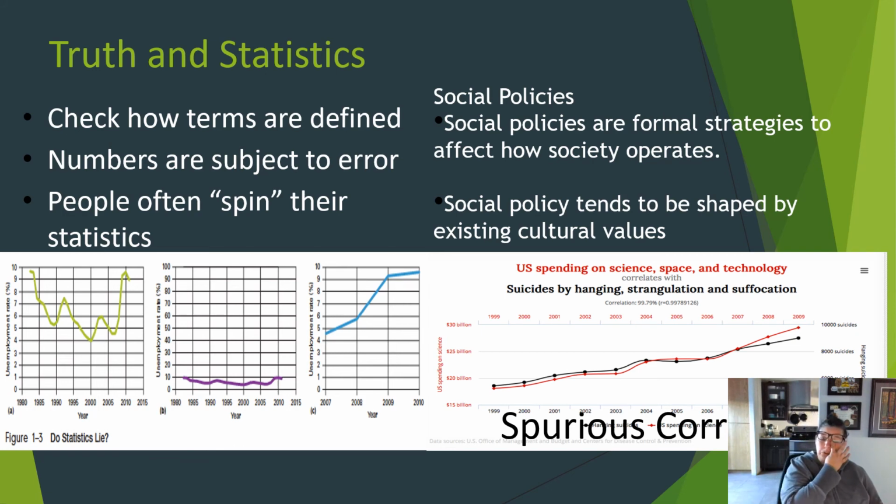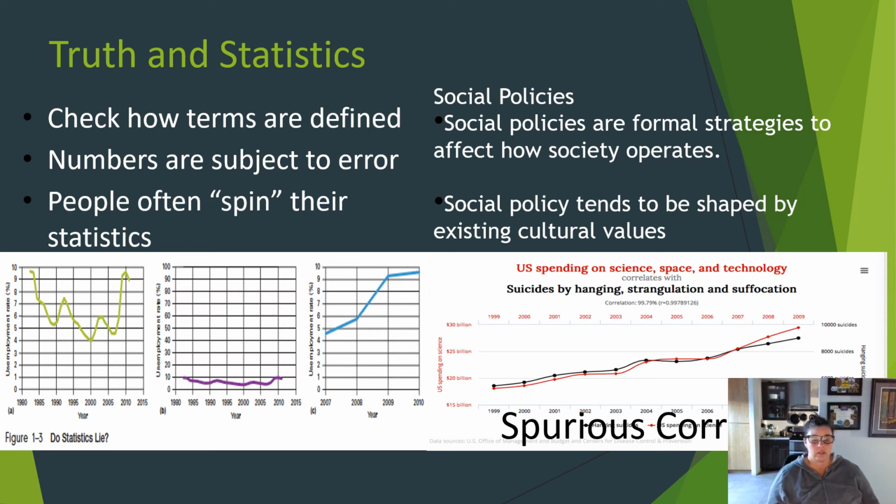Within common culture, the media, policies, politics, these strategies can be used to affect how people in society operate. It's quite easy to sway groups of people. It really is not that hard. And one of the ways that we can do that, while offering a sense of validity, is to use statistical data.